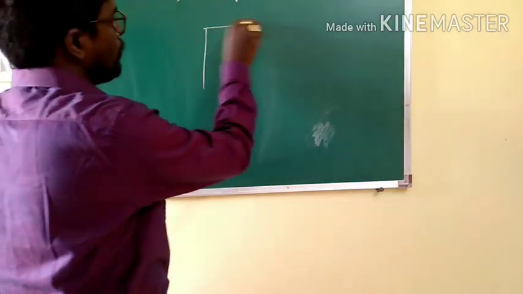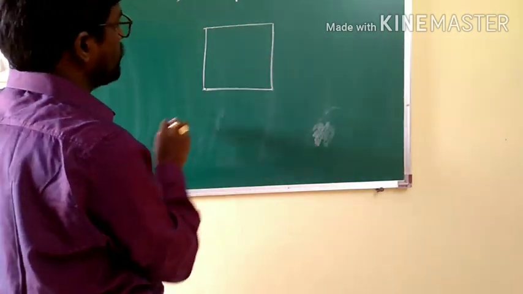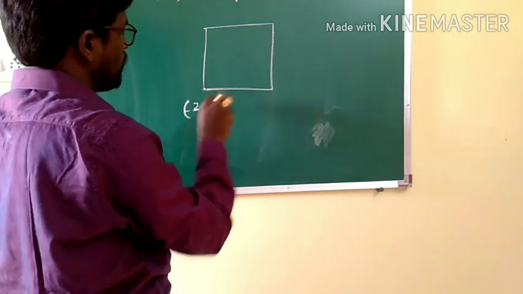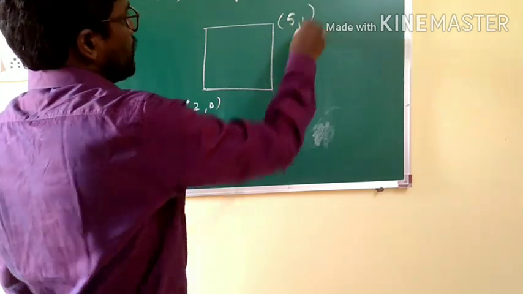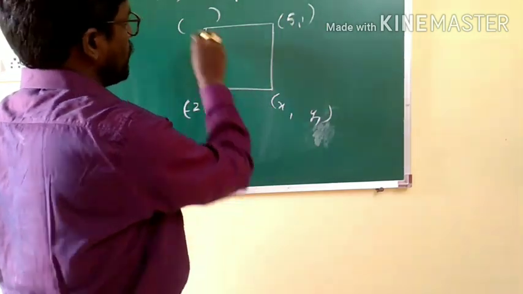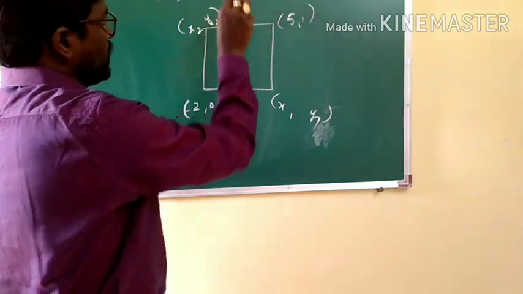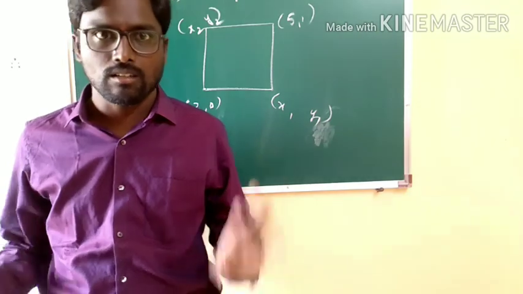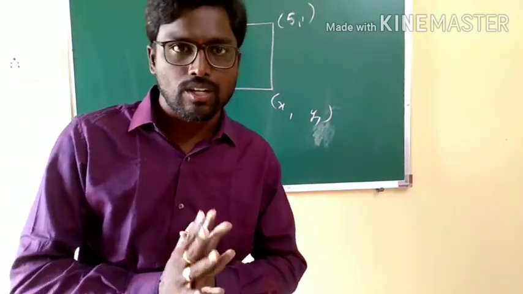Here I am going to give you an idea. Opposite angular points means, suppose this point is 2 comma 0, this will be 5 comma 1. Now you are supposed to calculate these two. Let's say this is x1 y1 and this is x2 y2. These two coordinates we are going to calculate with the knowledge of coordinate geometry that we have.